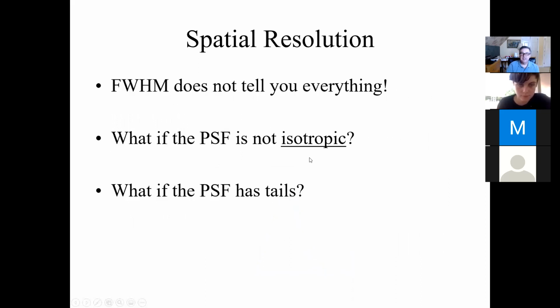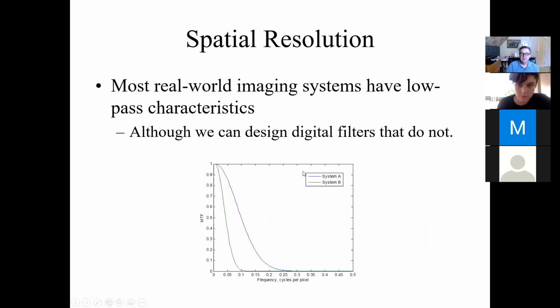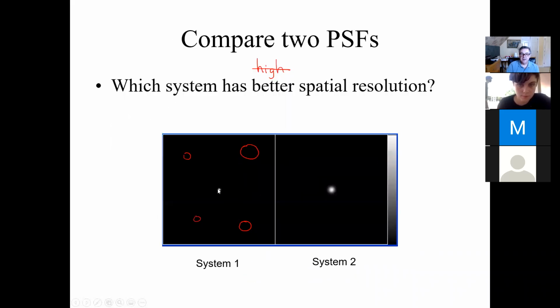If the PSF is not isotropic, and by isotropic we mean the same in all directions, so these guys are isotropic, in other words, they're radially symmetric. But if you had a point spread function, and this happens in real systems, that was not the same in all directions, then you have to say, okay, how am I going to address that with full width half maximum?